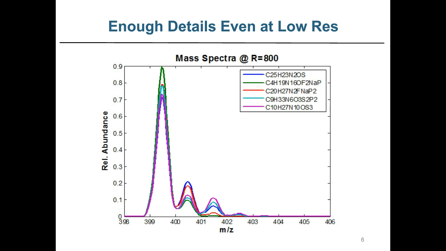This starts to lead us into the concept of spectral accuracy, which reflects our ability to accurately model that isotope profile information. As you can see, the various isotope distributions are what give each particular formula its unique signature.